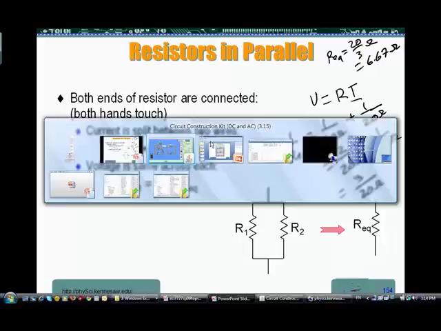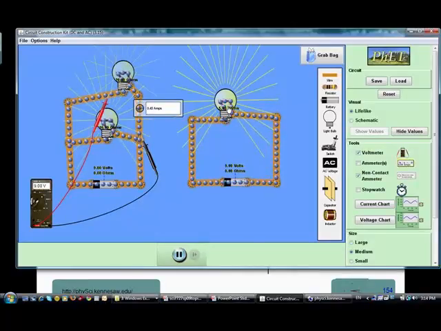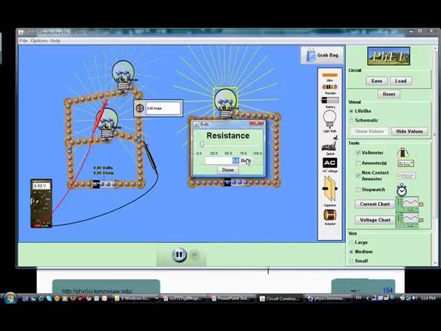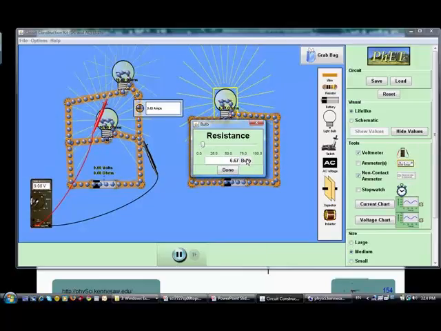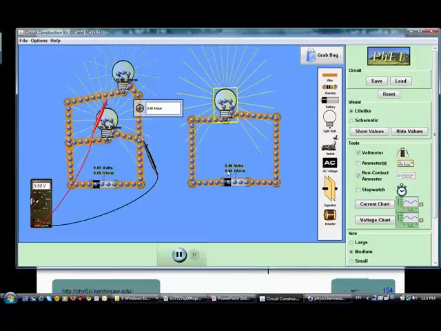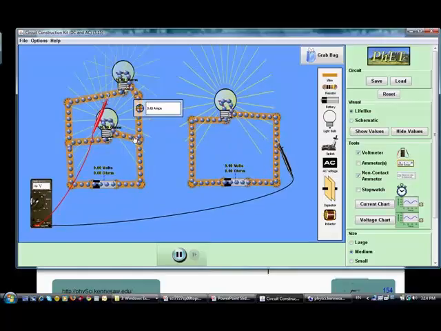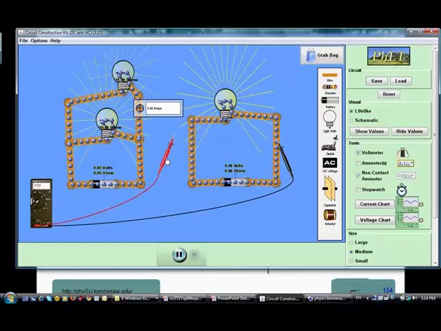Okay, let's try that out in the circuit. So I'm going to change the resistance here to 6.66667 ohms. Okay. Measure the voltage. It should be the same 9 volts.